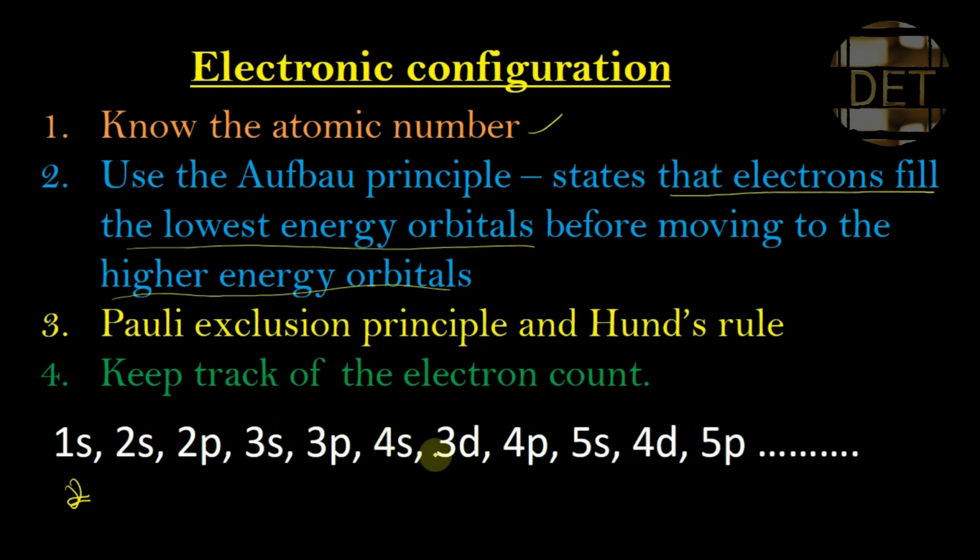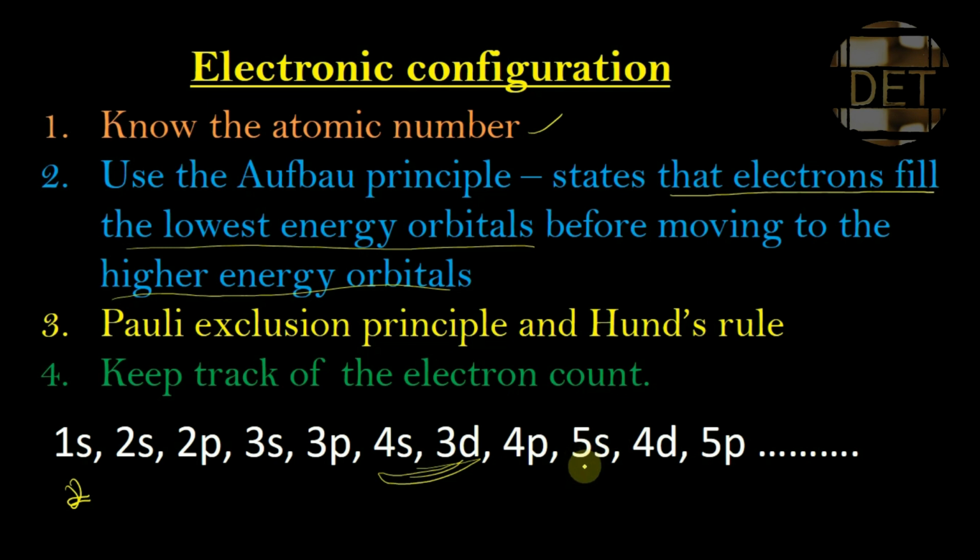4s will usually come before 3d. So you must note this transition here. 4s will come before 3d. After 3d, you will now have your 4p. After 4p, you will have your 5s, not 4d.